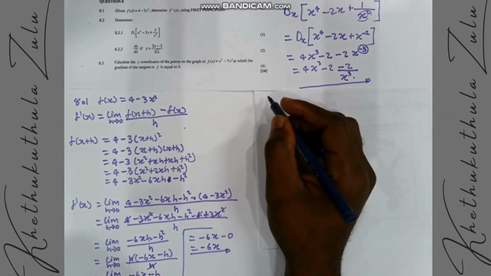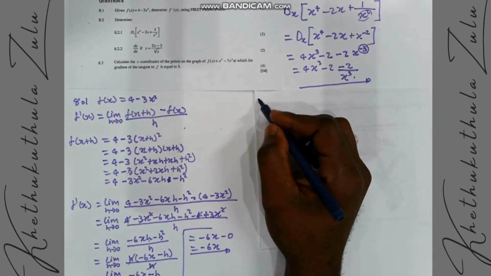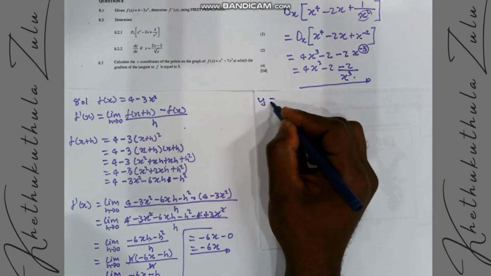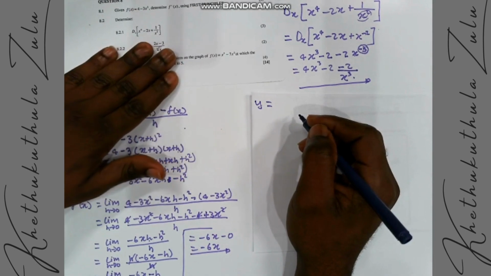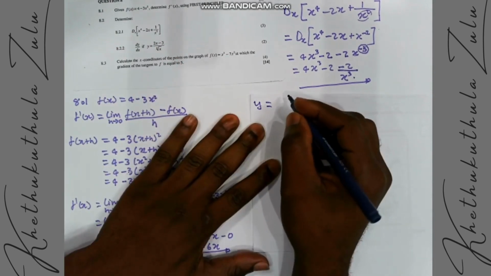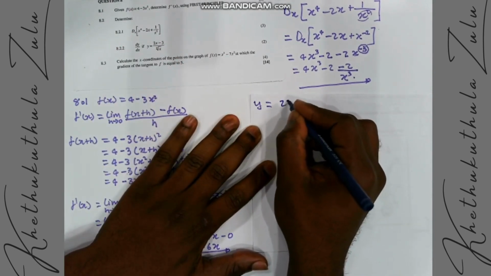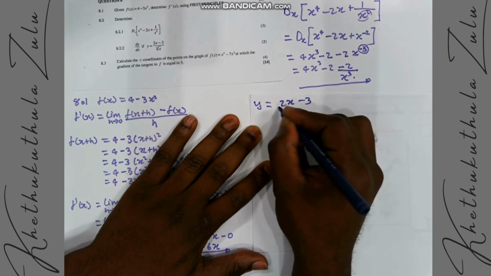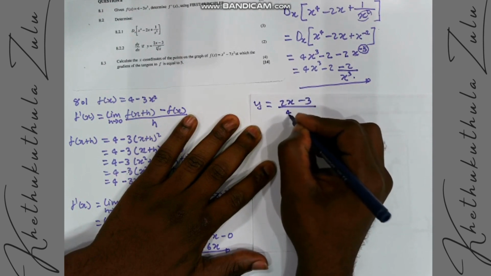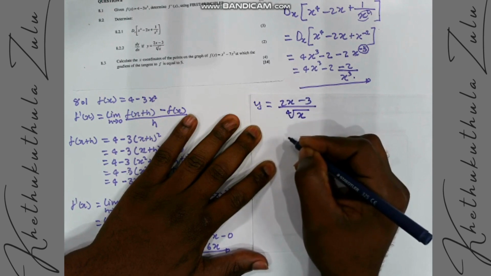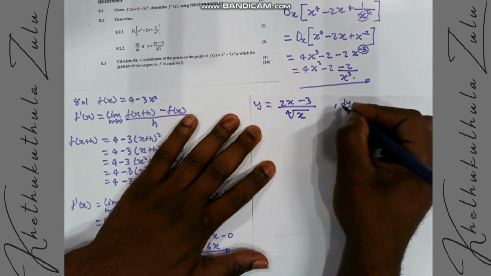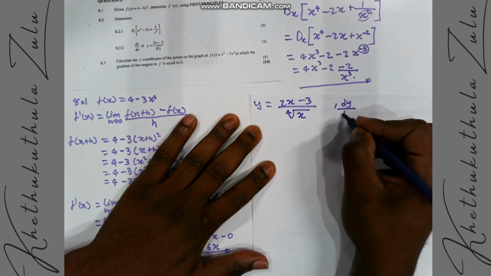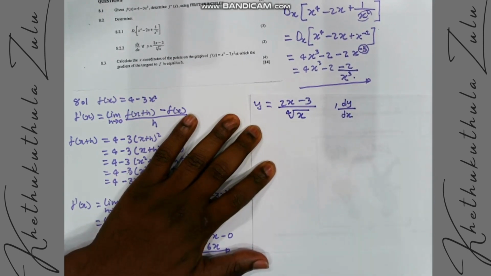Okay guys, now we'll look at the other question, where we have y is equal to 2x minus 3 all over the fourth root of x, where we have to derive this in terms of dy over dx.